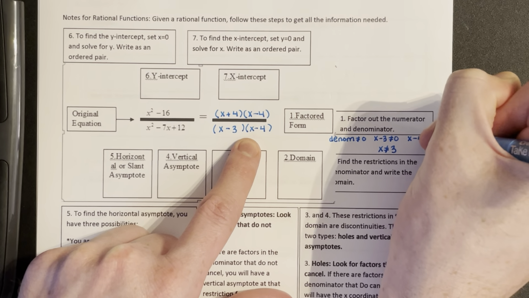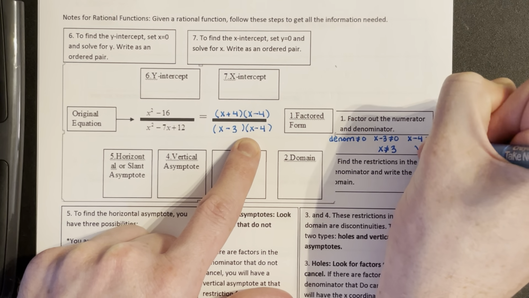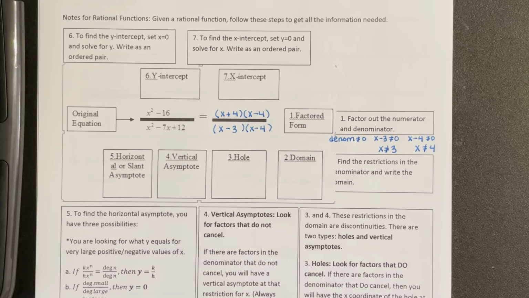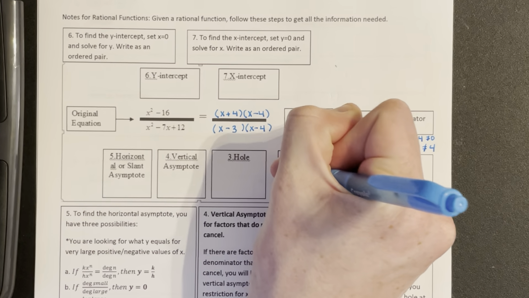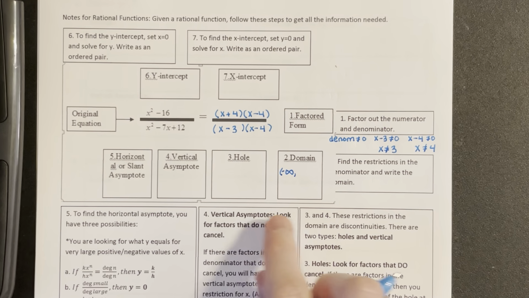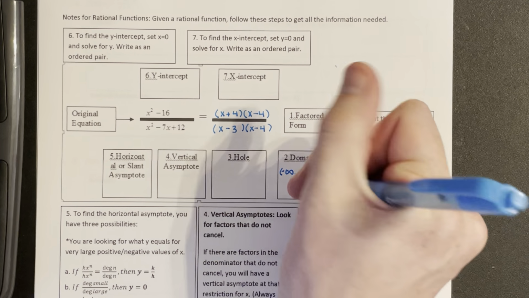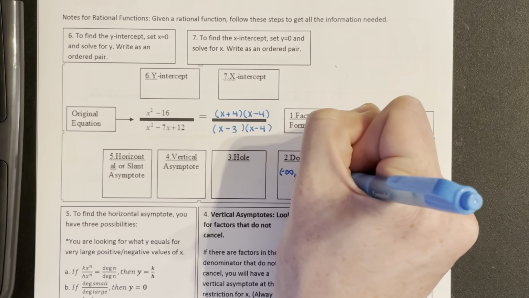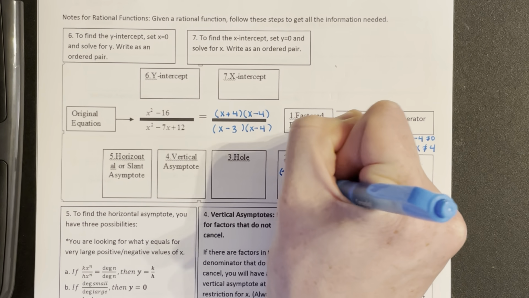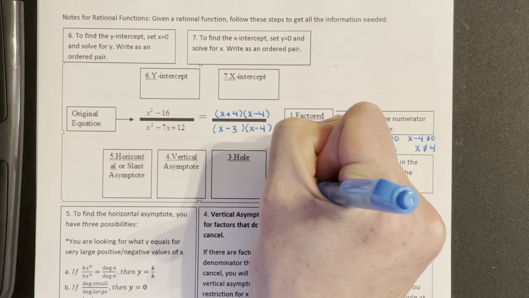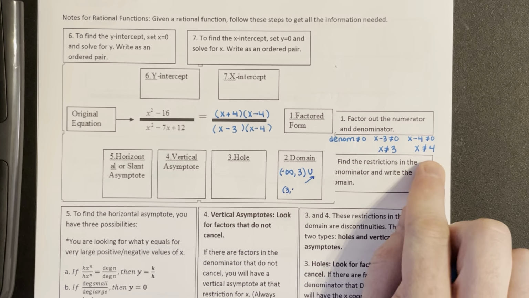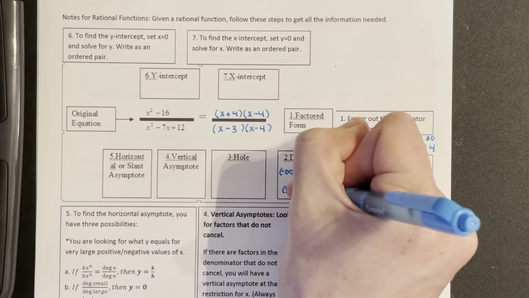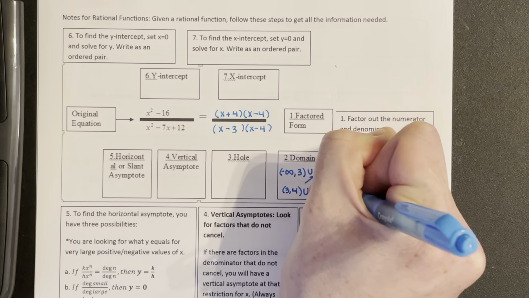X minus 4 cannot be 0, so x cannot be positive 4. And I just write that domain out: negative infinity up until we get to that first one, which is positive 3, union, 3 to 4, we have another asymptote, and then 4 to infinity.